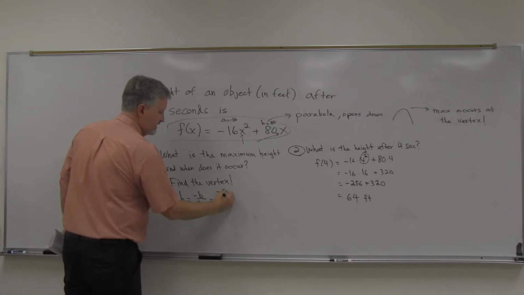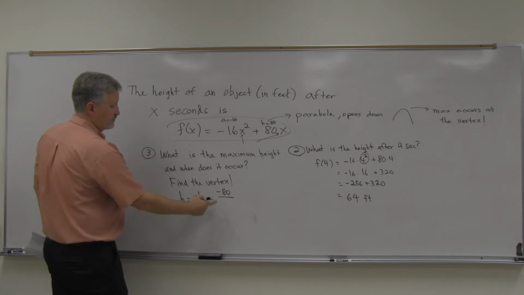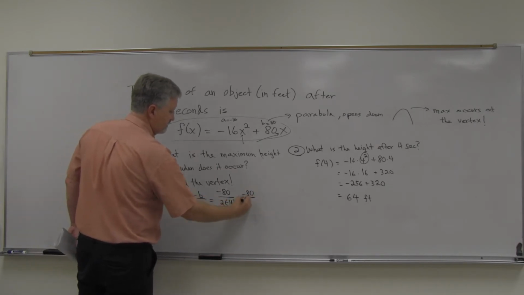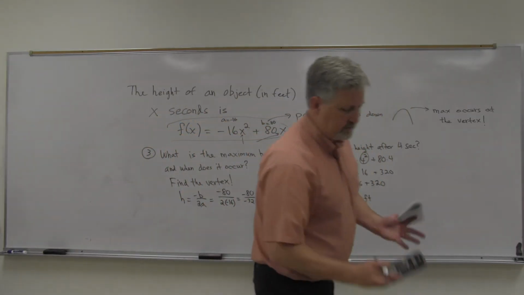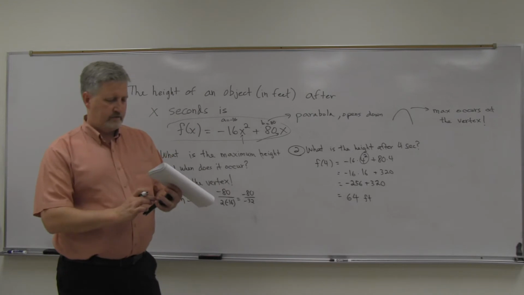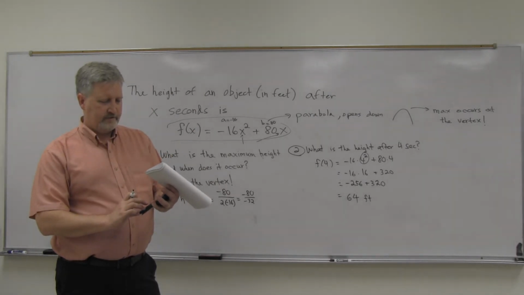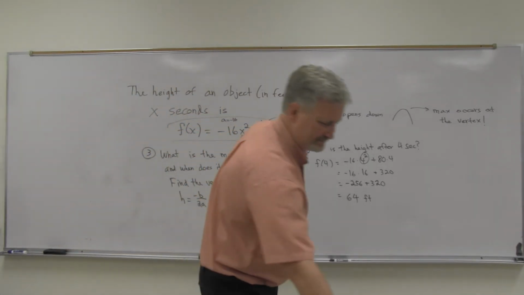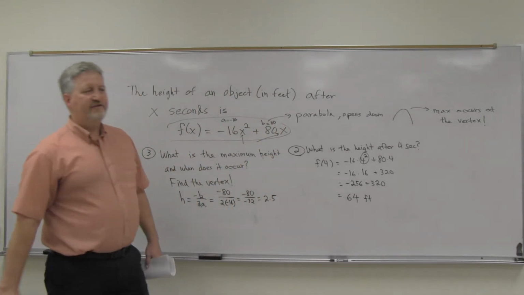So it'd be negative 80, because it's negative b, I do the opposite of b. And 2 times a would be 2 times negative 16, so I've got negative 80 divided by negative 32. That turns out to be 2.5. So that's the h of the vertex.